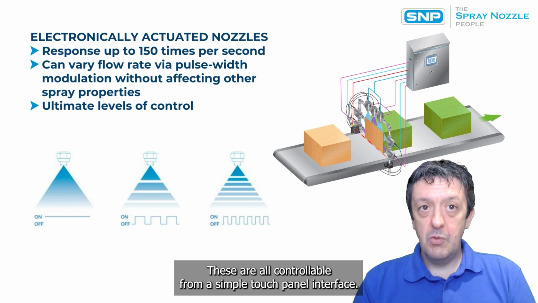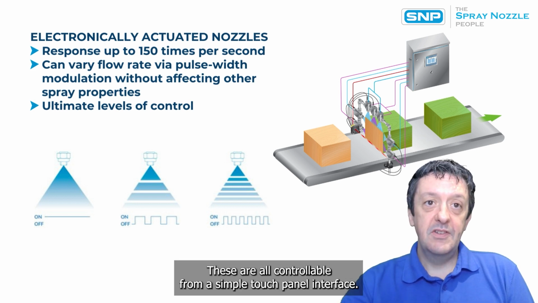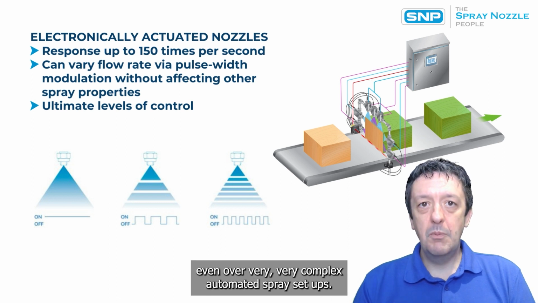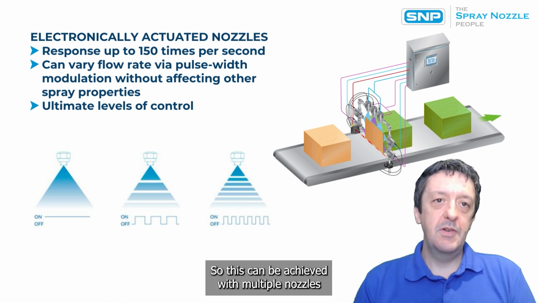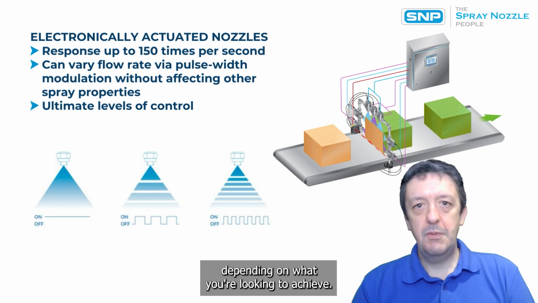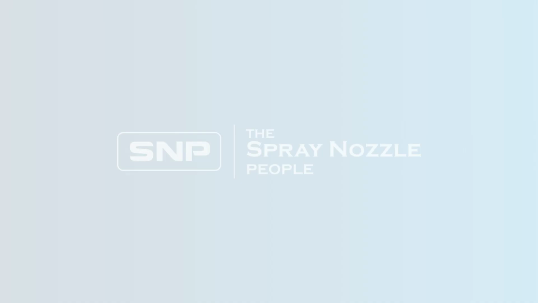These are all controllable from a simple touch panel interface. So this kind of gives the ultimate degree of control even over very, very complex automated spray setups. So this can be achieved with multiple nozzles operating from multiple sensors, perhaps spraying on different spray cycles depending on what you're looking to achieve.